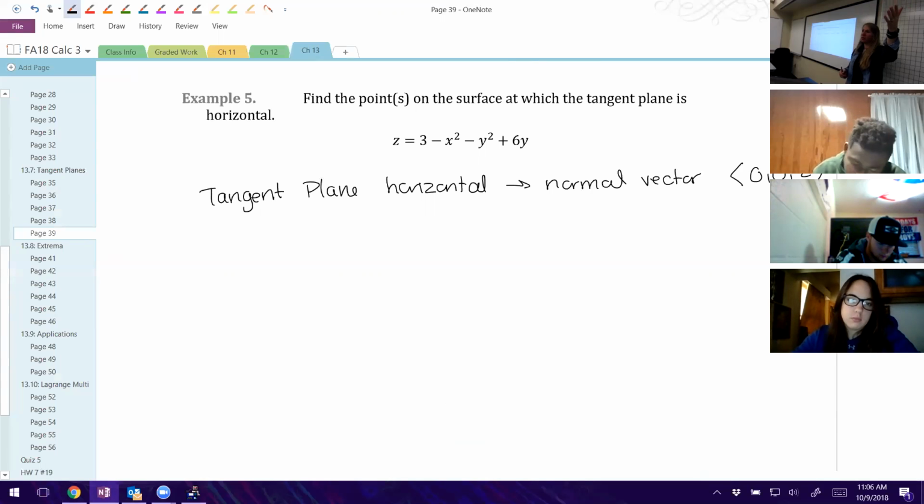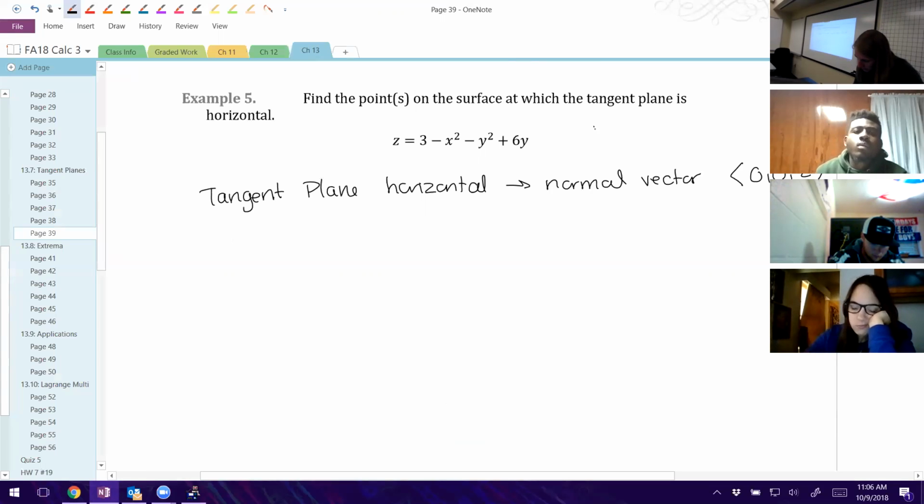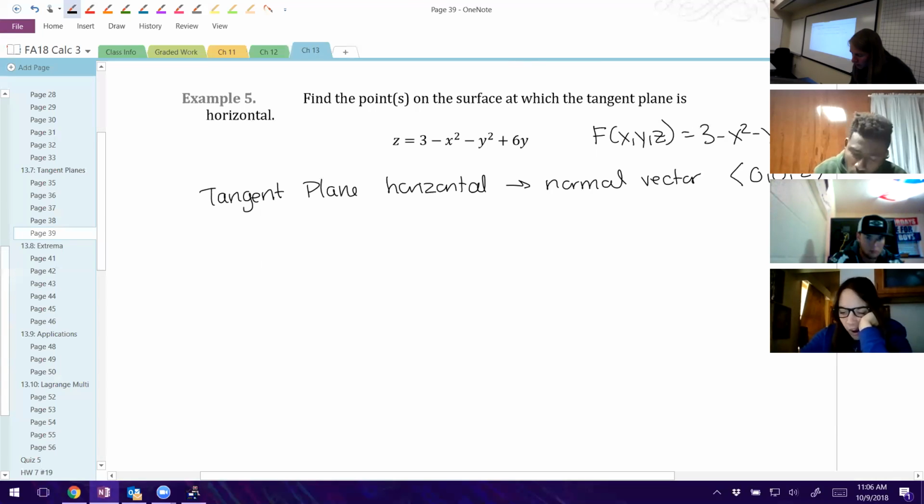We know how to find tangent planes, so let's find the gradient of this function, which is going to be the normal vector we need, and force it to fit this requirement. Let's get our capital F function too. If you didn't want to use capital F, just know that your partial with respect to z is -1, and that would be okay. But if we don't like that alternate formula, it's not much work to subtract z from both sides.